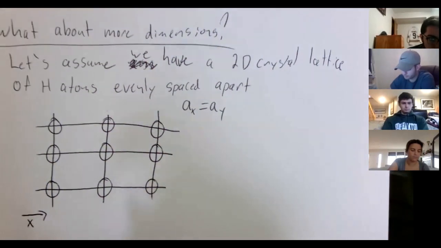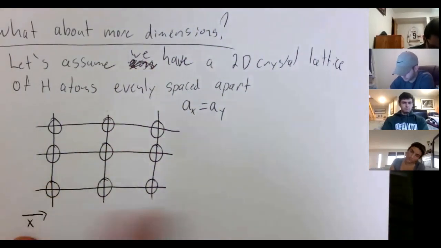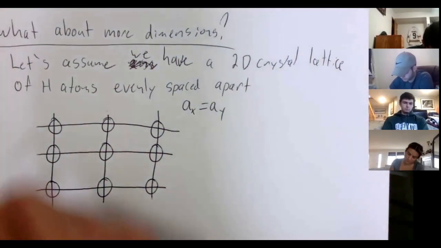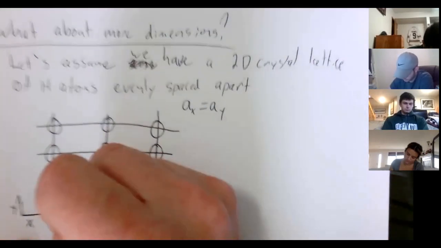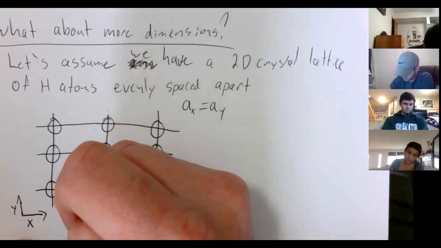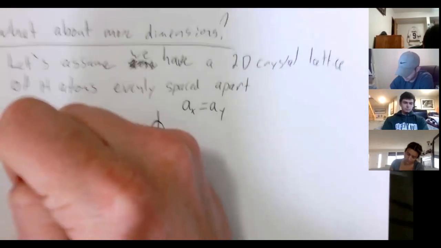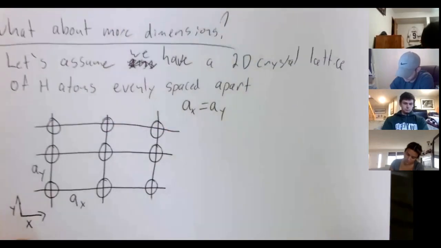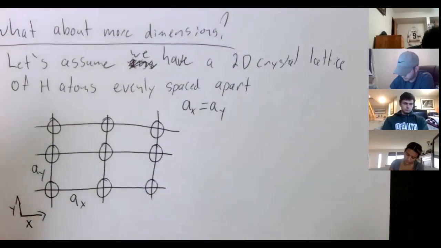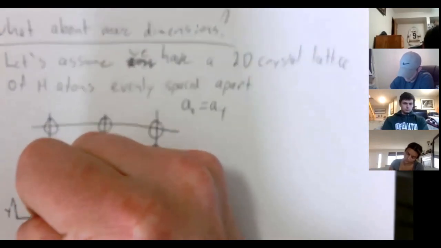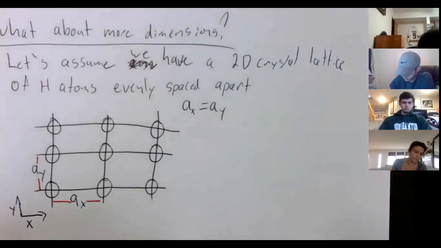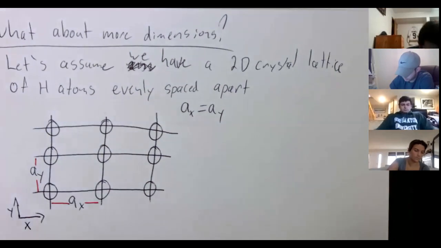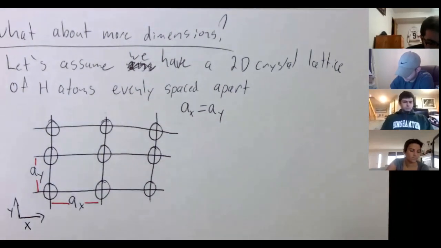Our coordinate axes: x is going in this direction, y in this direction, and this would be ax, this would be ay. So the lattice vector between those. Does that plot make sense to people? Yes. Okay.